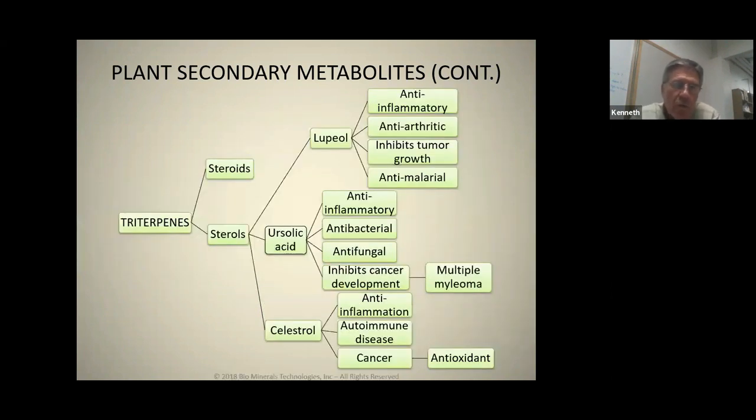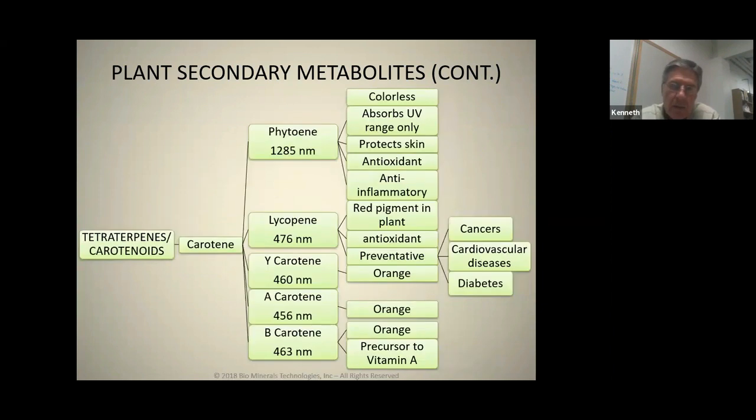When you look at triterpenes, steroids, okay, you have anti-inflammatory, anti-arthritic. They inhibit tumors and growth. They're anti-malarial. Then we look at the sterols, which is anti-inflammatory, antibacterial, antifungal, and it inhibits cancer development. Anti-inflammatory, autoimmune disease suppressant with cholesterol and cancer and antioxidant.